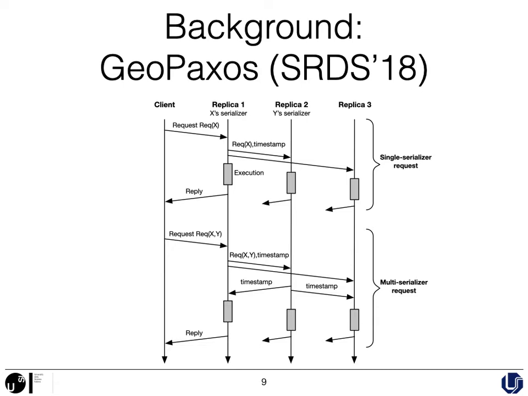The second operation is a request that accesses both X and Y. In this situation, we have a multi-serialized request where both replicas 1 and 2 have to exchange messages to define the final timestamp of the operation before it can be delivered to every replica and executed by every replica before going back to the client.